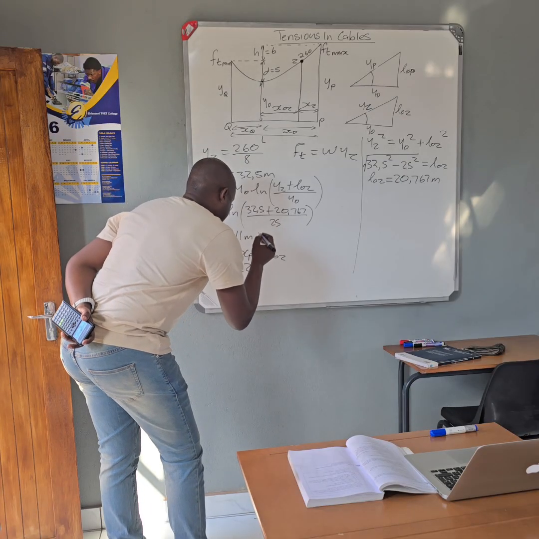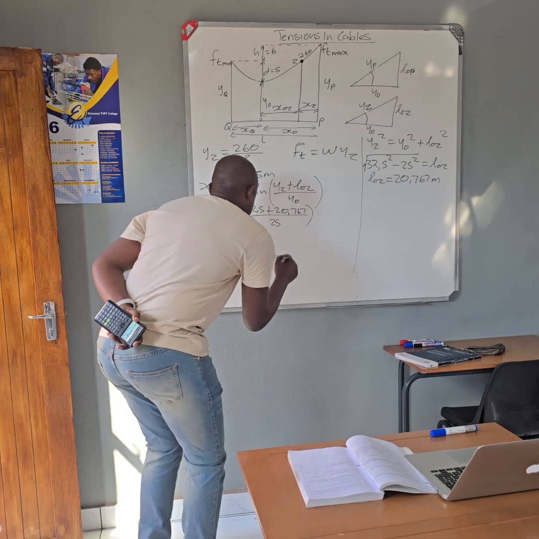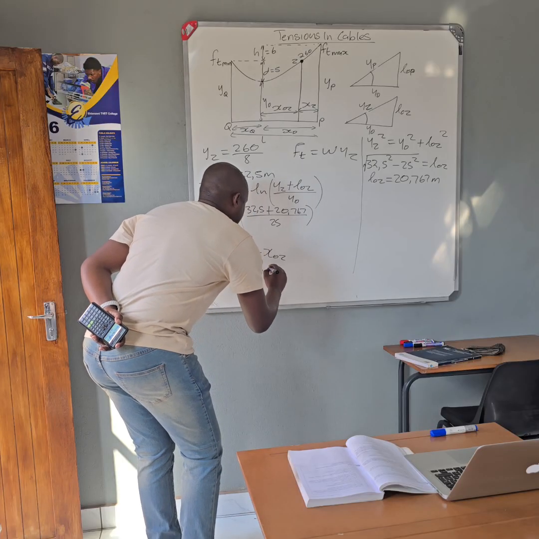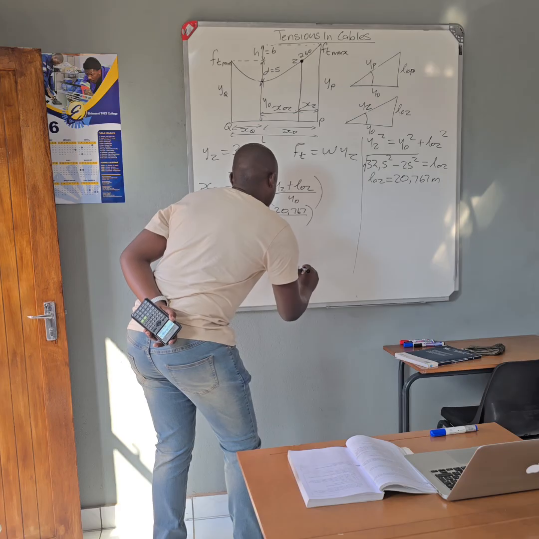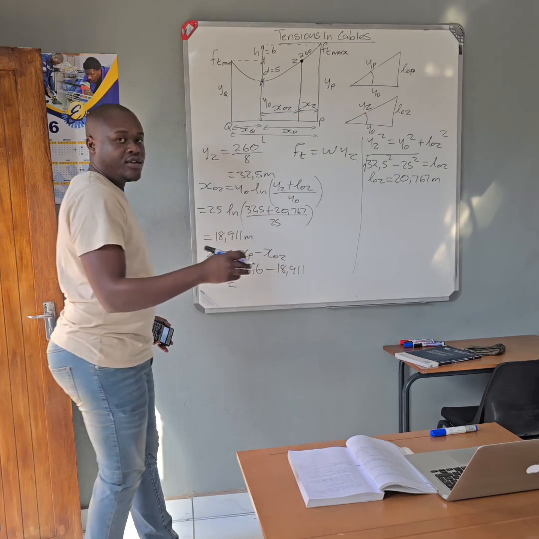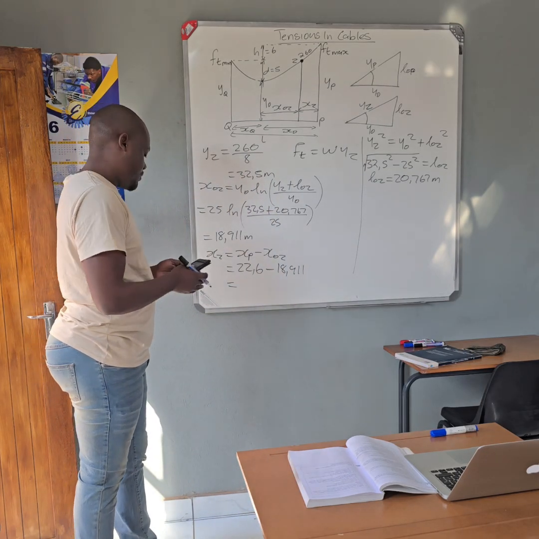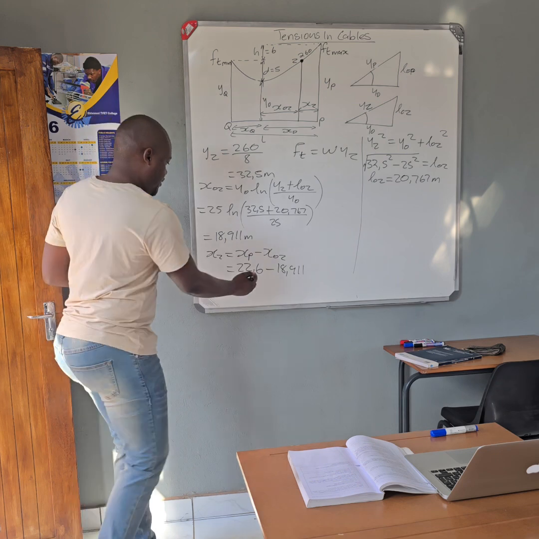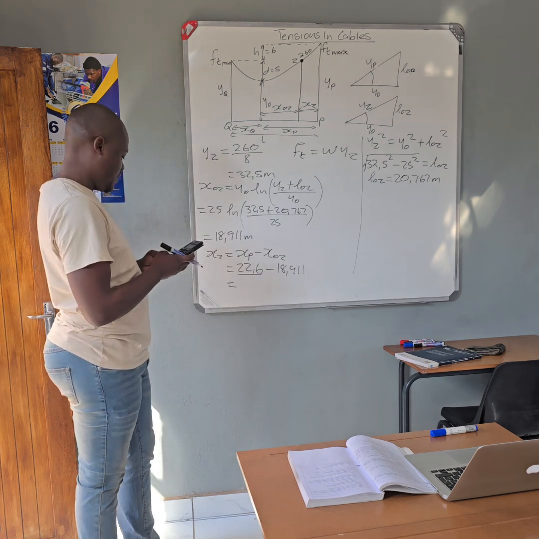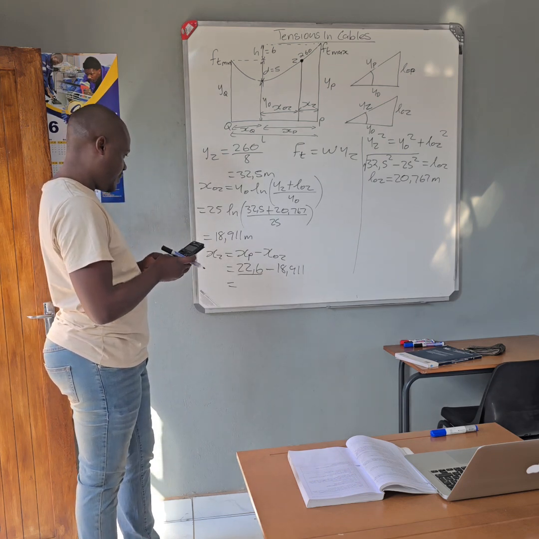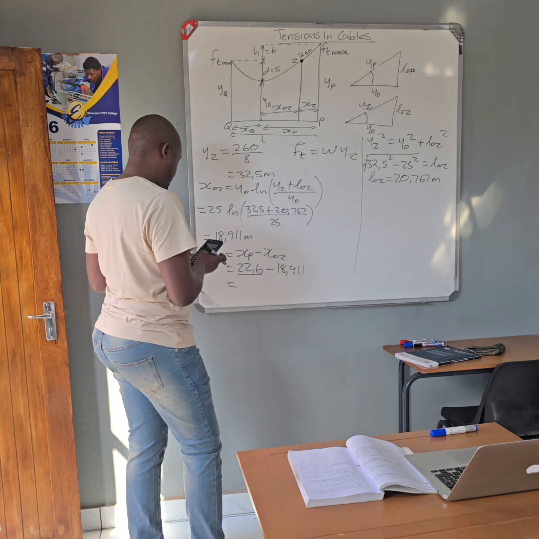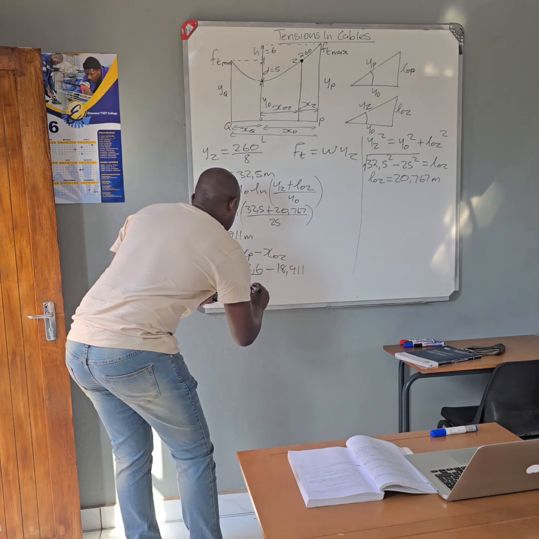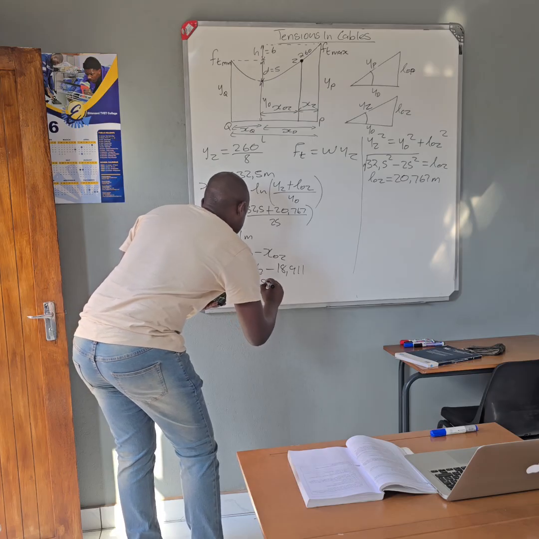I forgot the exact value, so I'm just going to say 26.6 minus XOZ, which is 18.911. You will rewind the video just to get the exact value of this one. So we are going to get the distance is 3.689.